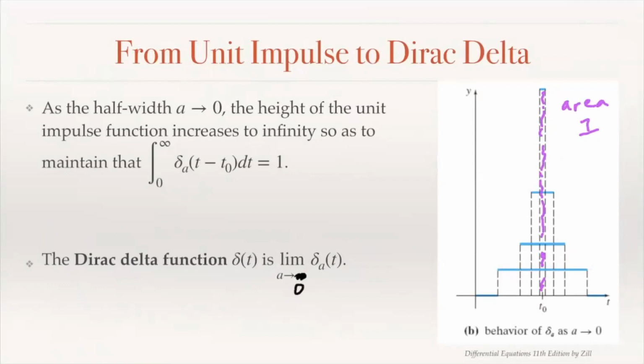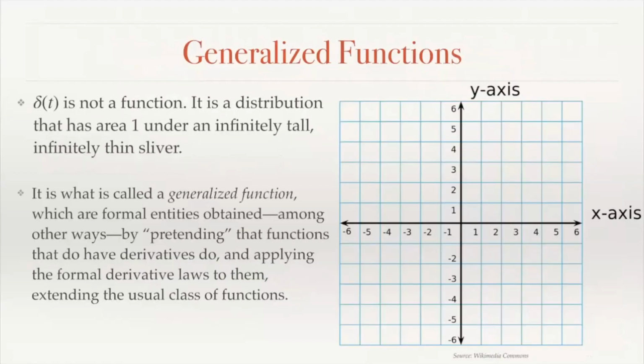And the Dirac delta function, and calling it a function is a bit of a misnomer in the sense that it's technically a generalized function, is the limit as the radius a approaches 0 of the unit impulse function. So you can think of it as like a rectangle of infinite height and 0 width with area 1. So it's not technically a function. It is a distribution that has area 1 underneath an infinitely tall, infinitely thin sliver.